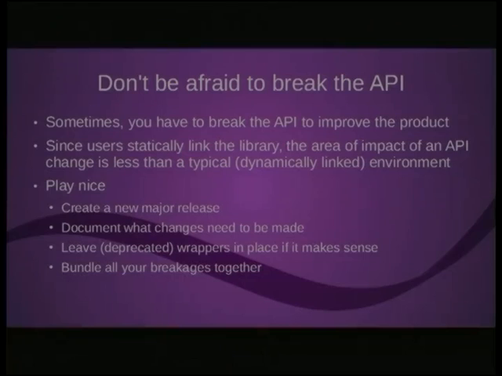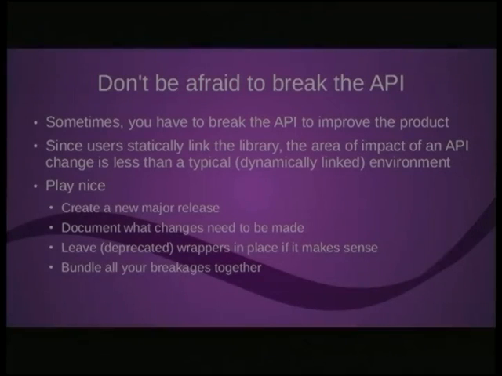However, because it's a learning exercise for me, as I learn new things, I need to go off and implement them, and some of those implementations require that I break the API. When we break the API, we really need to try and play nice to the users. So we only break the API on major version releases.